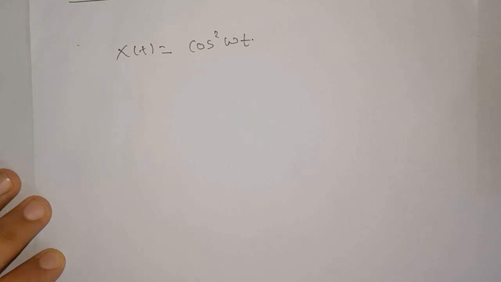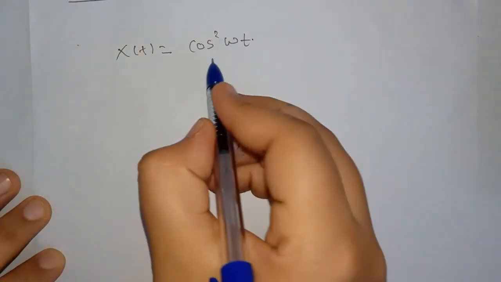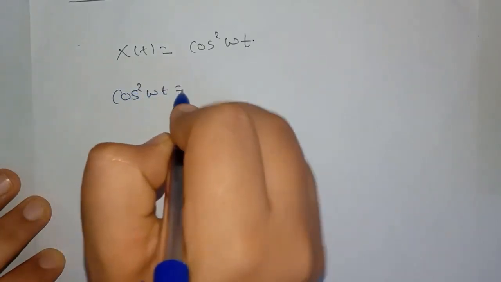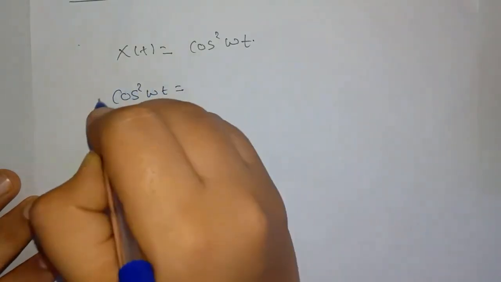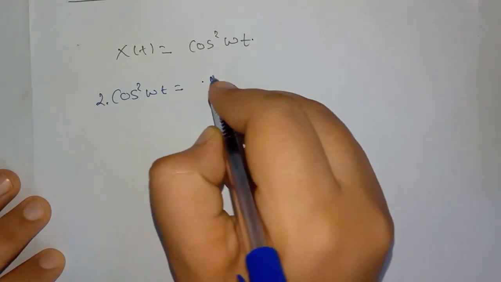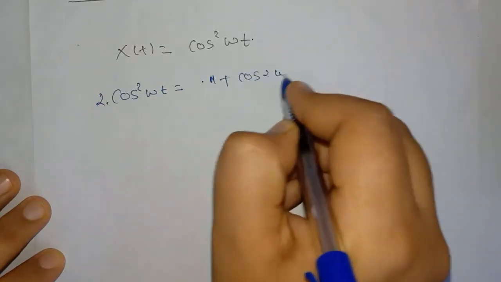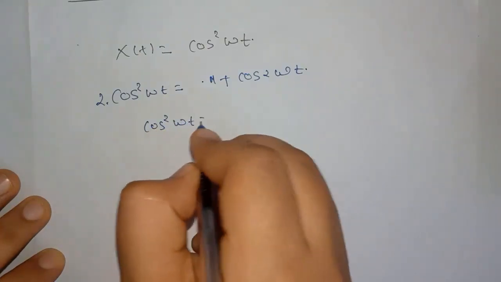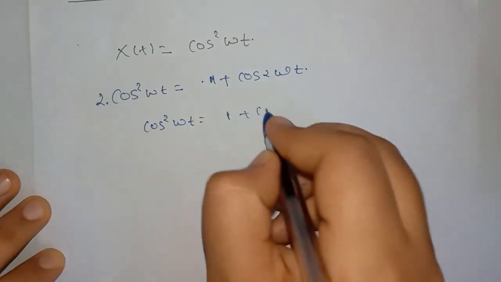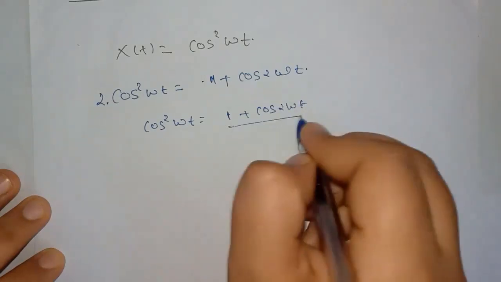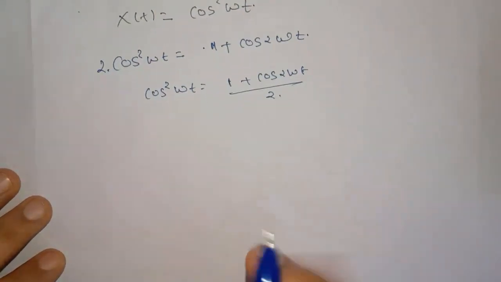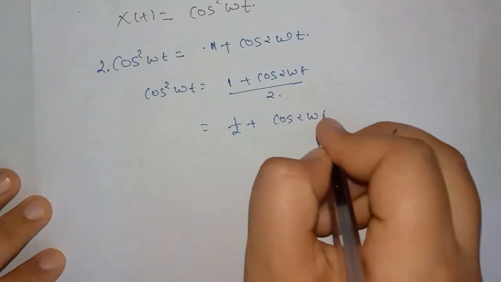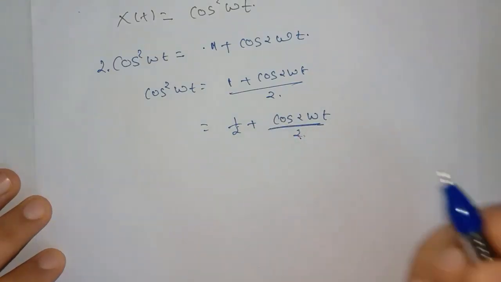Here, cos square omega t can be written using 2 cos square omega t equals 1 plus cos 2 omega t. So cos square omega t will be 1 plus cos 2 omega t whole divided by 2. So that will be half plus cos of 2 omega t by 2.